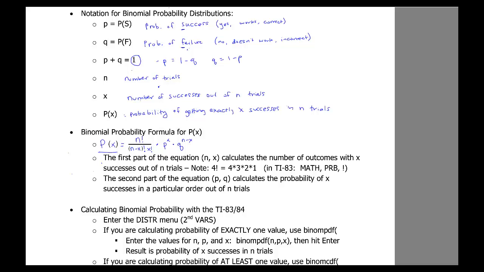So again, if I was flipping coins and I want to know the probability of getting 4 heads out of 6 coin tosses, I'd be calculating the probability of 4. So I'm just going to put that as an example: 4 heads in 6 trials.